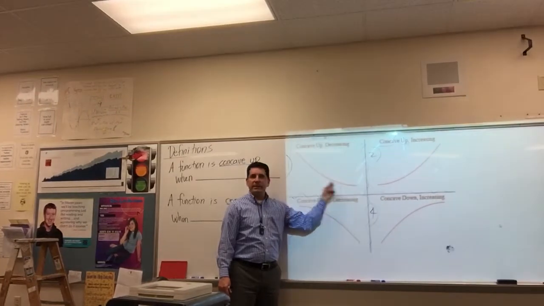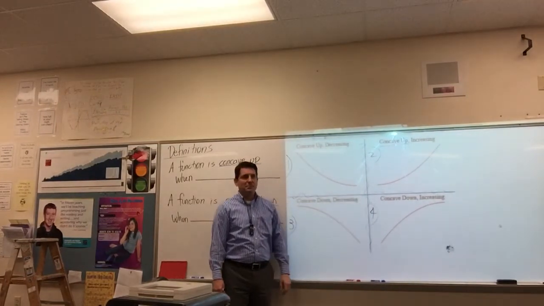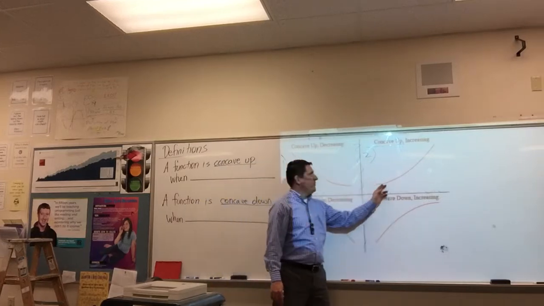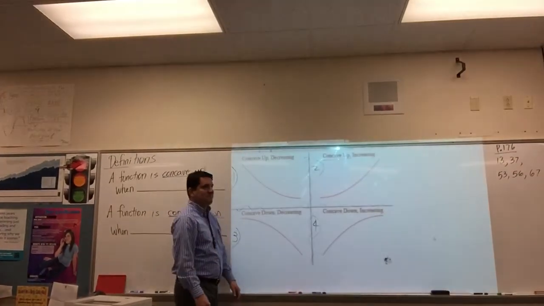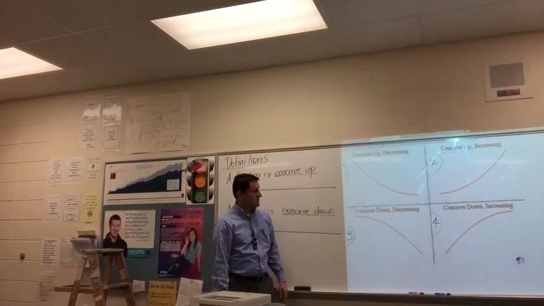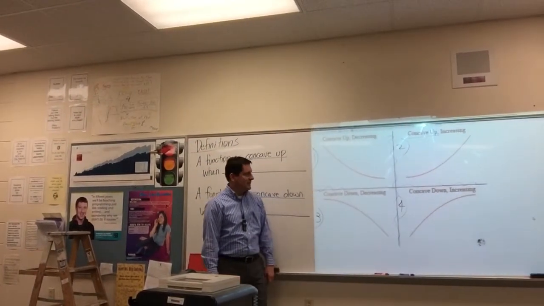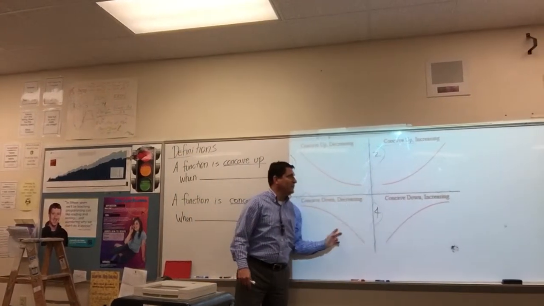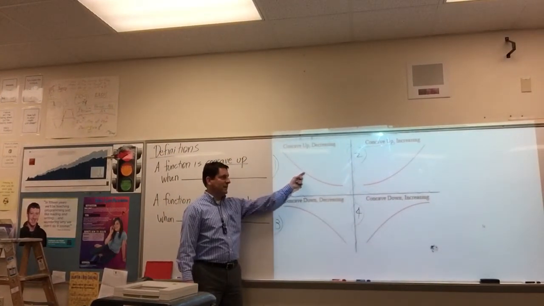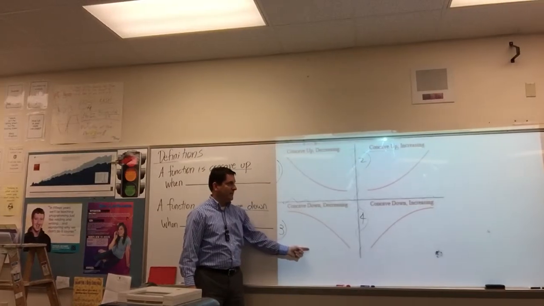This is like a bowl that's facing upward. It's a technical way to look at it. It's a bowl that's looking upward. If you reverse these two, this one is a happy face, it's concave up, and this is a sad face because it's concave down.